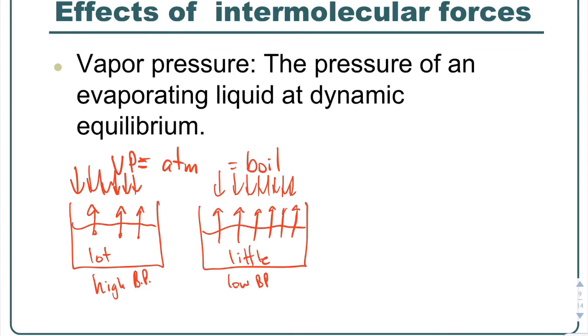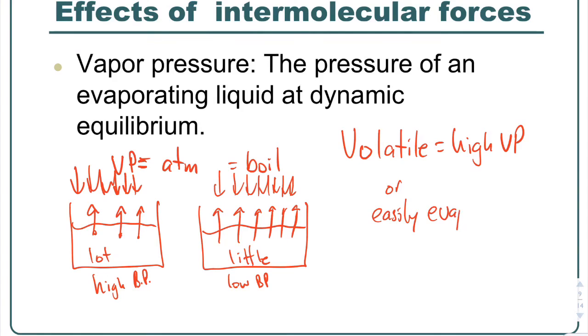And typically when we're talking about these things, there's a word that you might see them use, which is volatile. If something has a high vapor pressure, or it easily evaporates, we say that it is volatile. Okay, so high vapor pressure. So these are going to be low intermolecular forces.